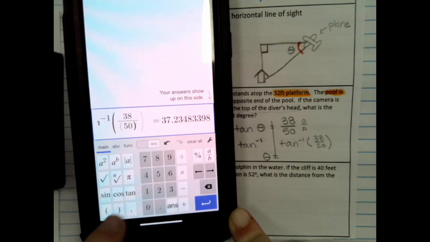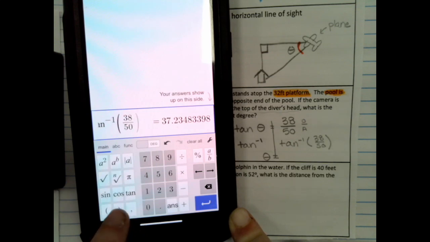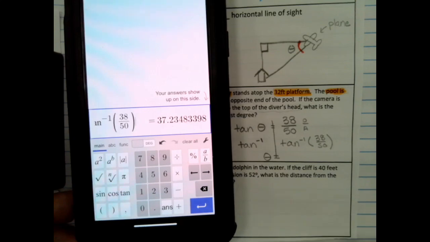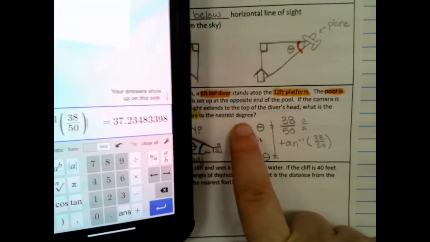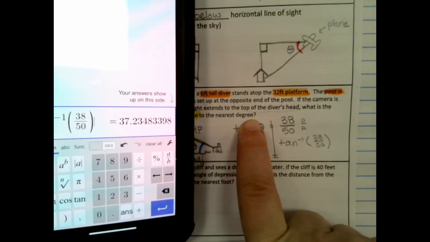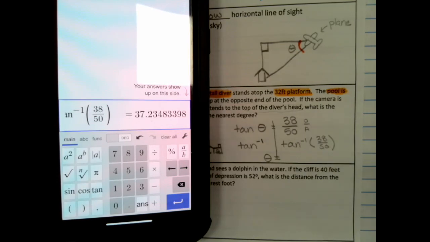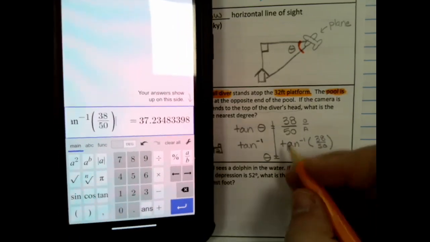And we get 37.23483398. What does it want our answer to look like? Good, nearest degree. So the nearest whole number. So nearest degree is just nearest whole number. So 37 degrees or 38 degrees? Good, 37.